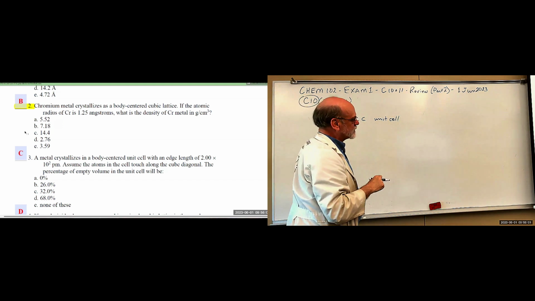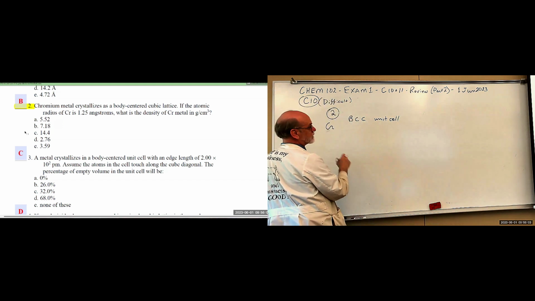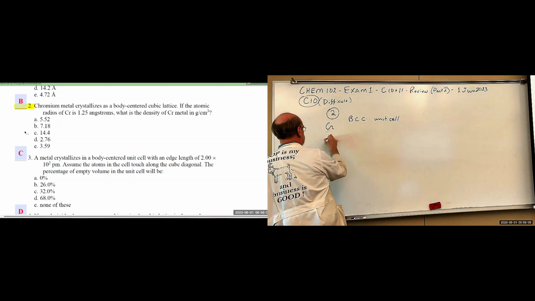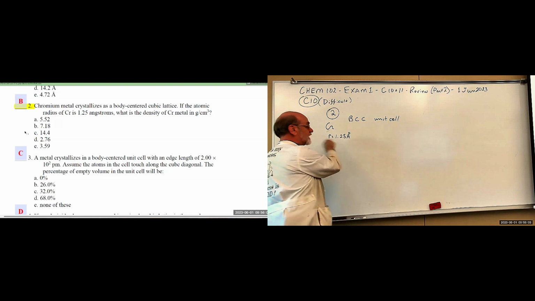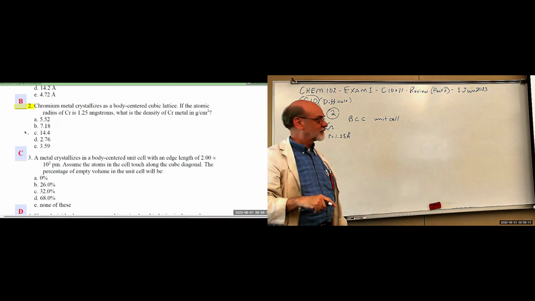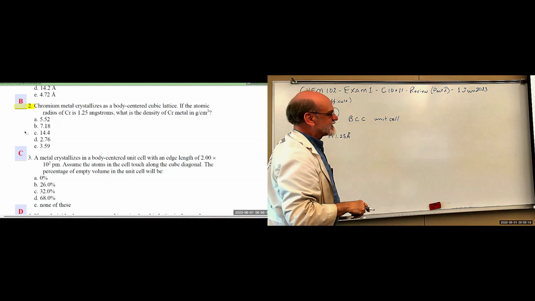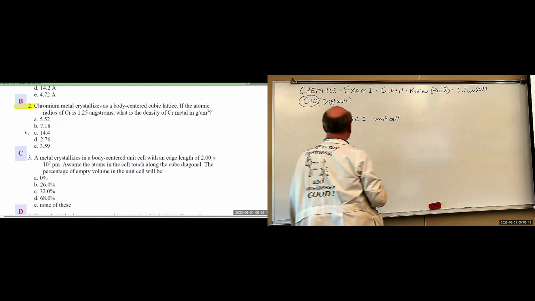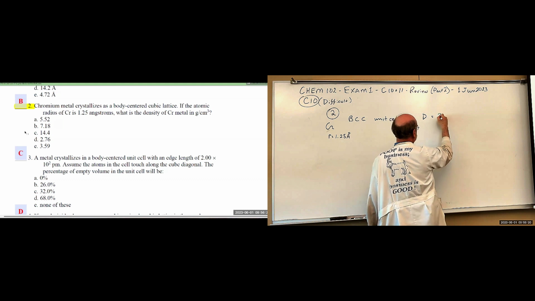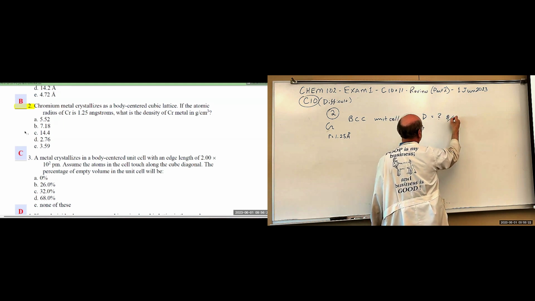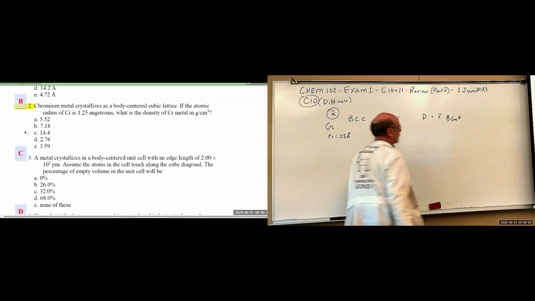If the atomic radius of chromium is 1.25 angstroms, radius equals 1.25 angstroms, we will need to know the conversion for this one. What's the density of chromium metal in grams per cubic centimeter? So we're looking for density equals something in grams per cubic centimeter.